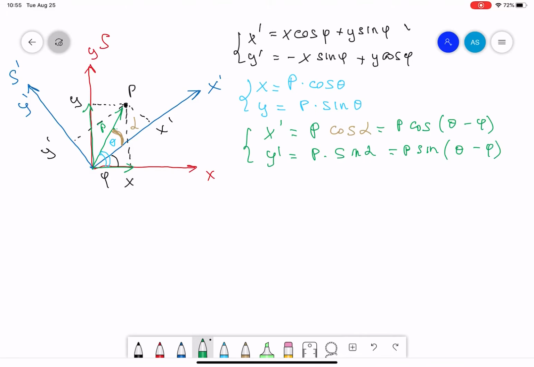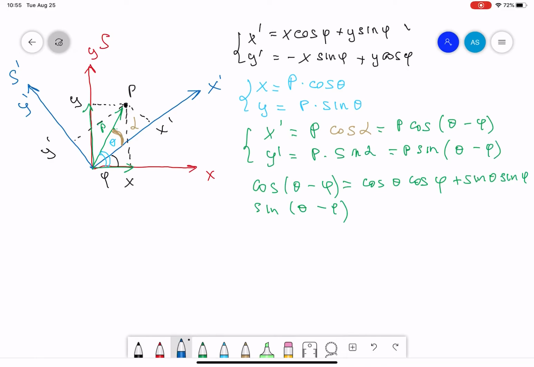Before moving on, we have to know what cos of theta minus phi is equal to. Cos of theta minus phi gives you cos theta cos phi plus sine theta sine phi. And what about sine of theta minus phi?